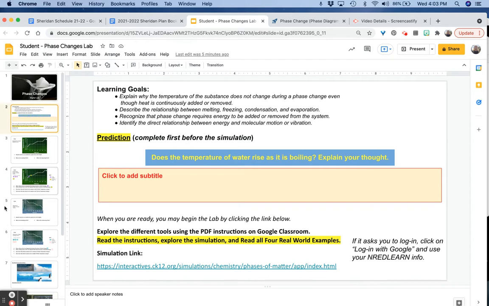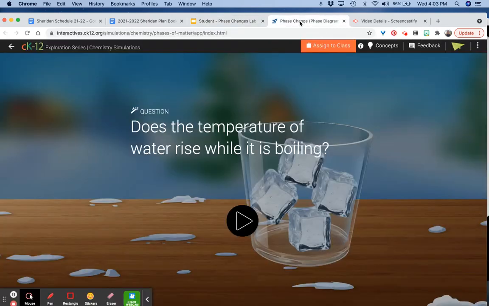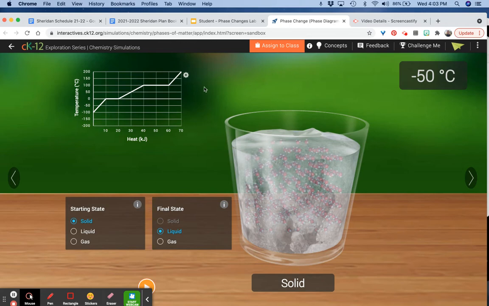You're going to click the link that will open up a simulation. If it asks you to log in, you're just going to log in with your Google account, just your school Google account that will take you to the simulation. And it looks like this. So I'm going to just click play so you can see our example of a heating curve.